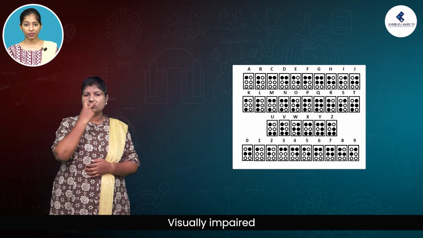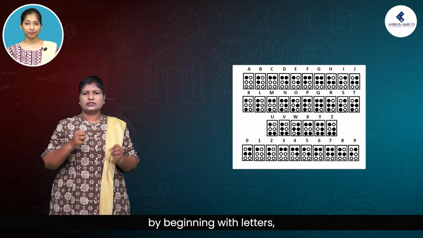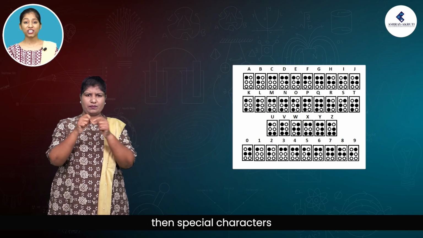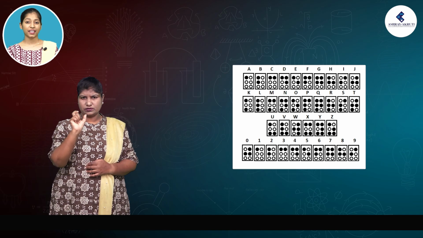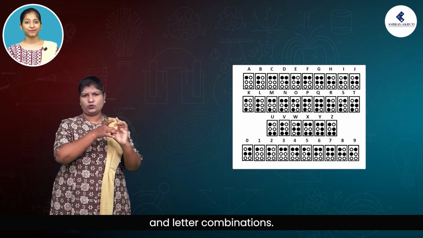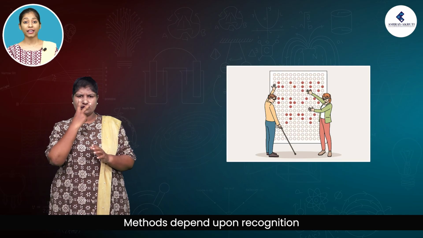Visually impaired people learn the Braille system by beginning with letters, then special characters and letter combinations. Methods depend upon recognition by touching.